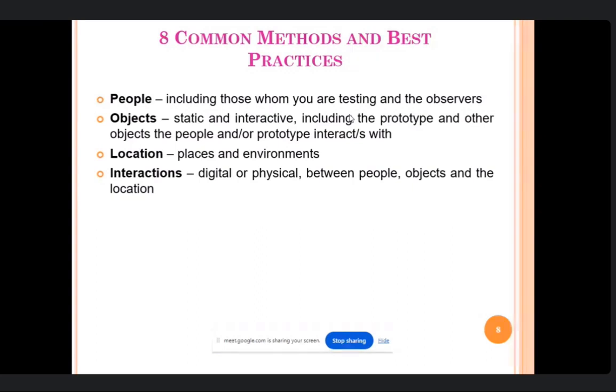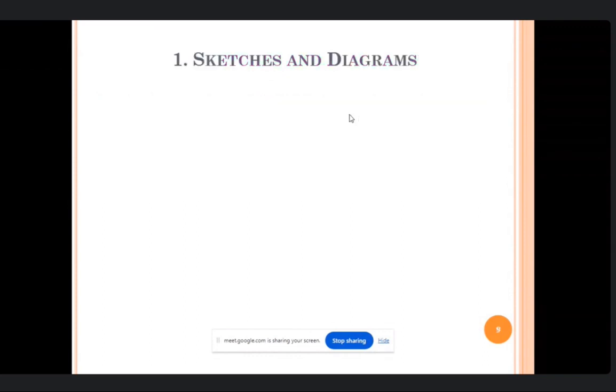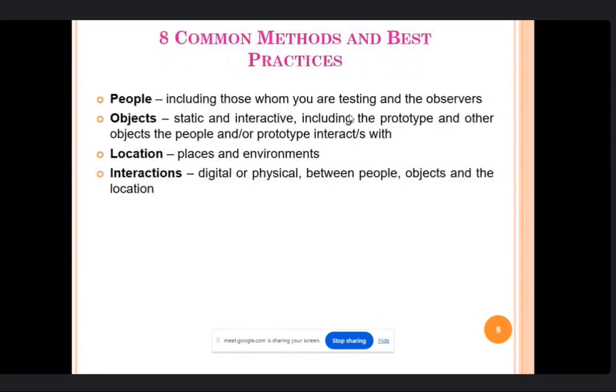For example, will the users be wearing gloves, or will their hands be full? In the use cases you may go with these 4 components. Based on these 4 components, we are coming up with the 8 common methods and best practices. So these 4 components are very important for any kind of prototyping and testing.